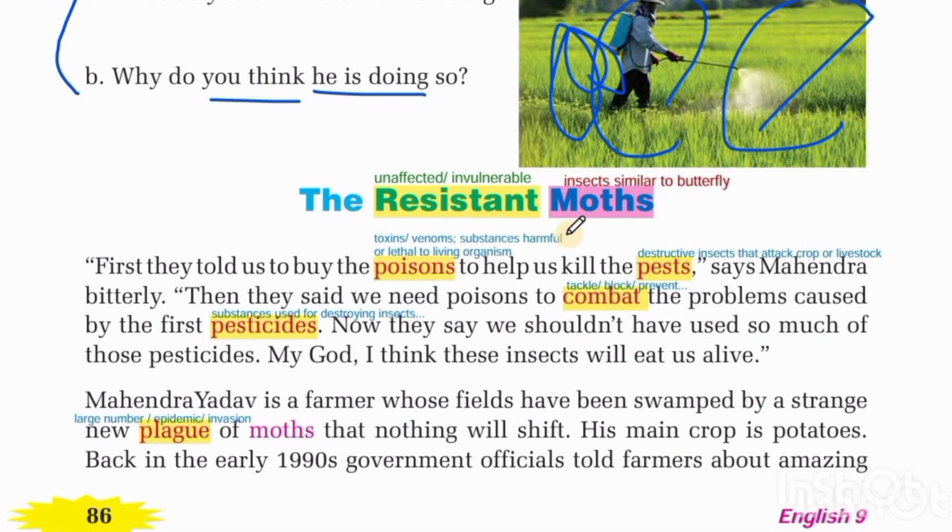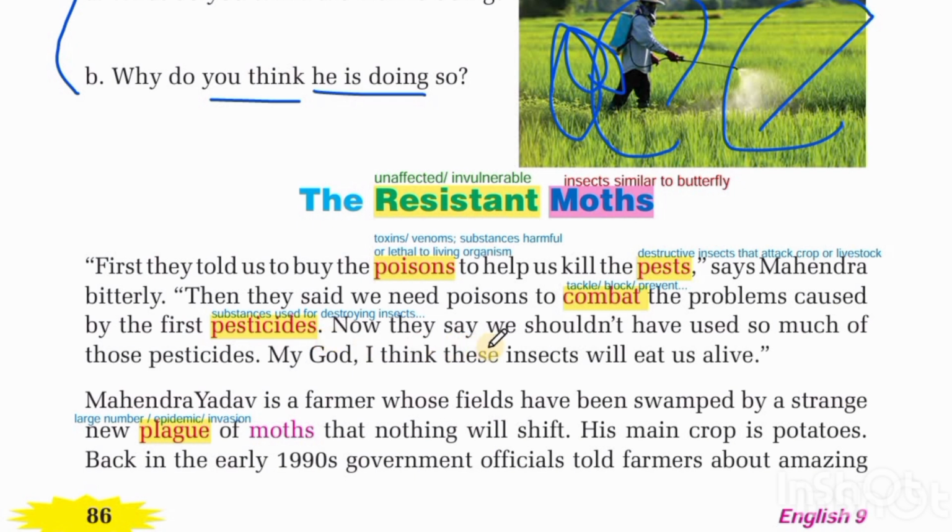The resistant moths. Resistant, unaffected, and moths, insects similar to butterfly. First, they told us to buy the poisons to help us kill the pests, says Mahendra bitterly. Then they said we need poisons to combat the problems caused by the first pesticides.